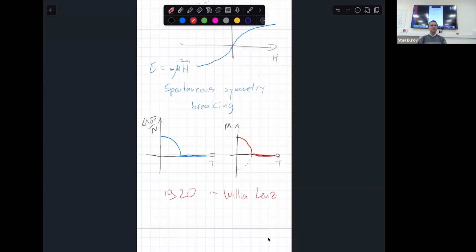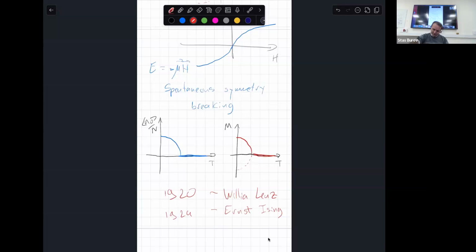He gave this problem to his student, who published with Lenz the solution of a one-dimensional system. The name of this student was Ernst Ising. The solution of Ernst Ising was wrong. It was later proven wrong, but the name sticks with Ising. That's what we will describe in a second.